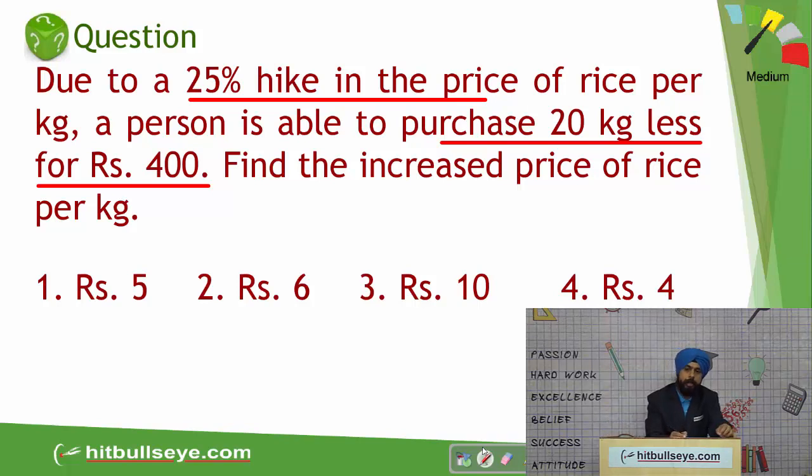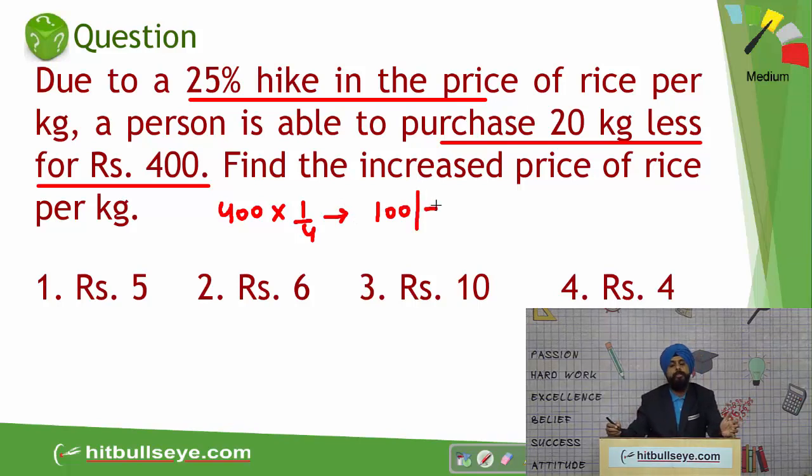Now how much is 25% of 400? 25% of 400 is 100 rupees. Now after taking the quantity, you gave the shopkeeper 400, he says to pay you 100 more, which you don't have. So what you said? You said, okay, you take 20 kilograms out of it. That is, the price of 20 kilograms happens to be 100 rupees right now.